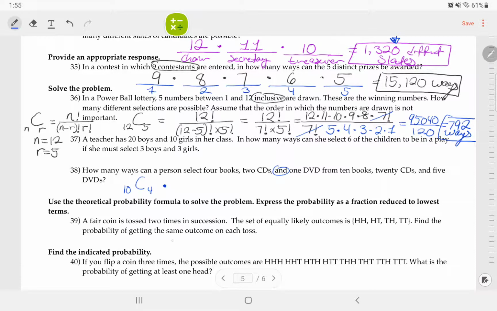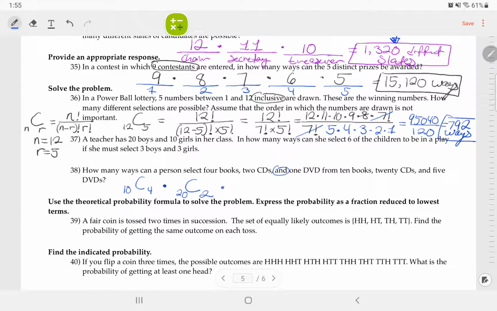So I'm going to multiply with the next category because I am choosing 2 CDs from a total of 20 CDs. It doesn't matter which 2 CDs that I choose as long as I choose 2, and the order in which I select my CDs is irrelevant. Therefore, that is going to be the combination of having 20 CDs in total, and I am choosing 2.